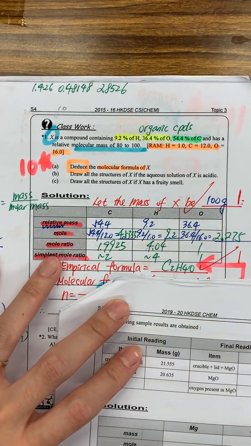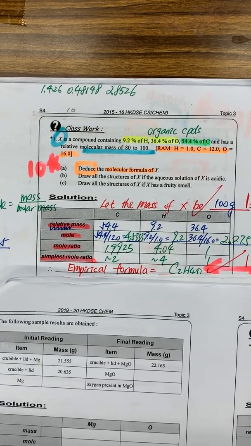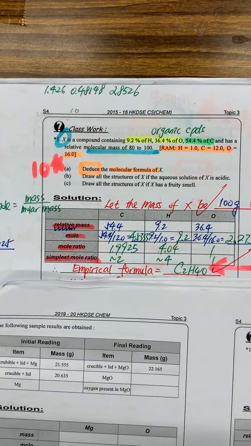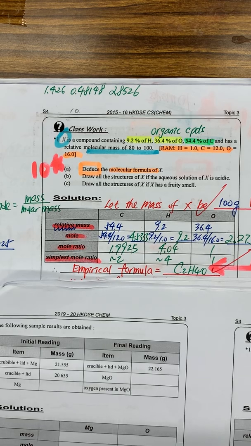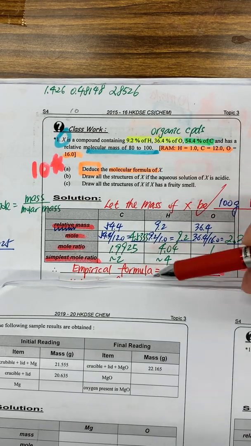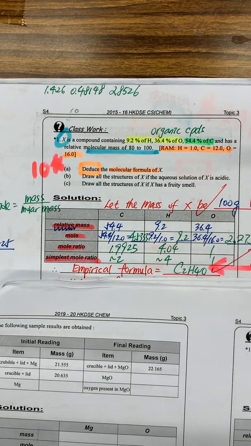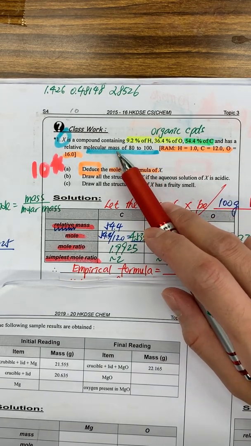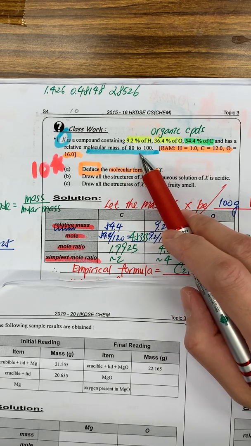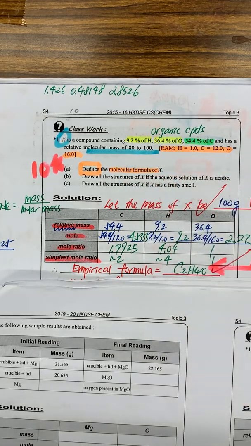Another mistake: some candidates will write down molecular formula equal to C2H4O. Sorry, wrong. You didn't make use of the second piece of information, that the molar molecular mass ranges from 80 to 100.